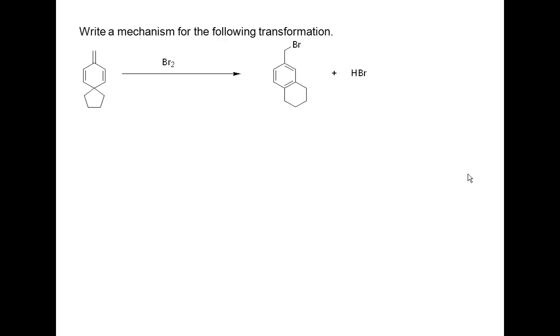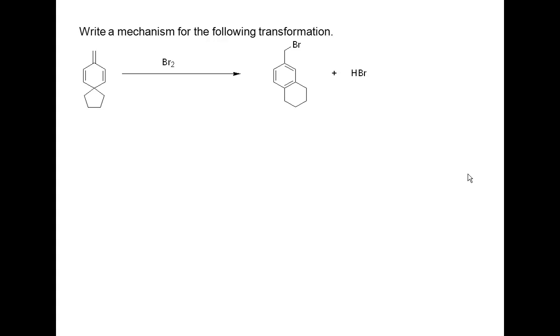Okay, let's look at another problem here. Write a mechanism for the following transformation. If you treat this triene with bromine, you get a rearrangement, and it produces the aromatic ring shown there, with an HBr byproduct. Let's think also, in addition to what is the mechanism, why does this reaction go the way it does?